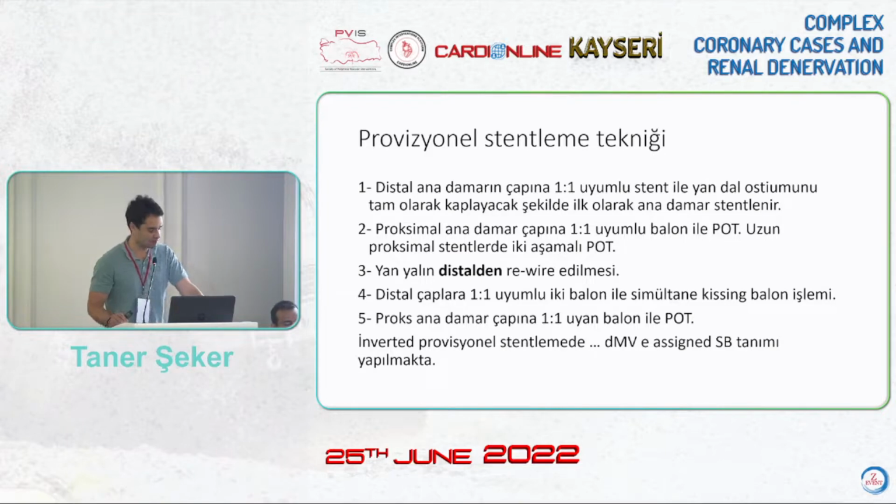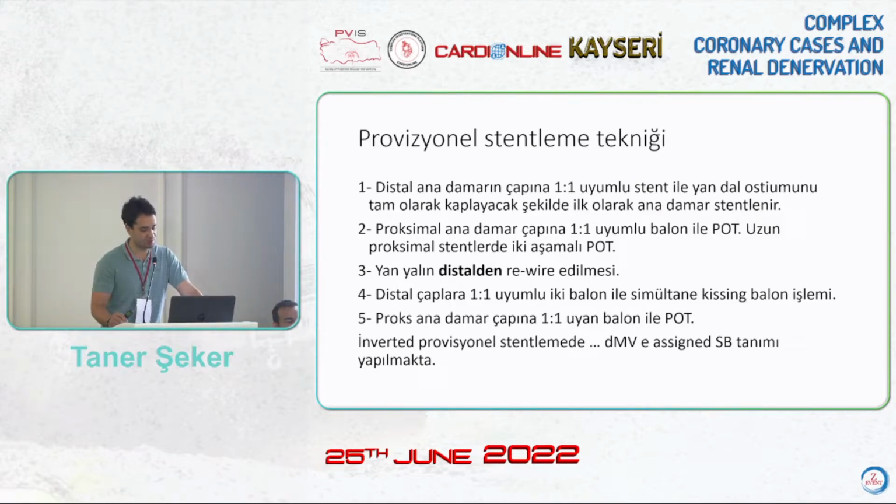When we look at the steps in provisional stenting, we take a stent compliant with the diameter of the distal main vessel, and we place the stent in the main vessel for the first time to cover the side branch ostium. A two-step proximal optimization is recommended with a one-to-one compliant balloon in long proximal stents.